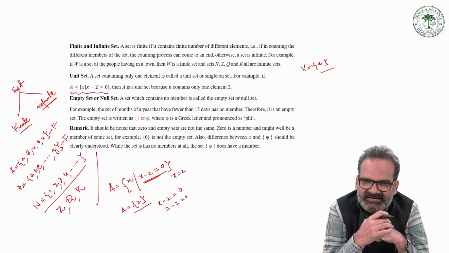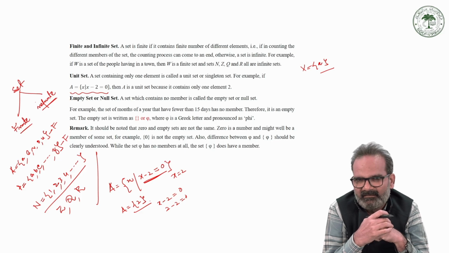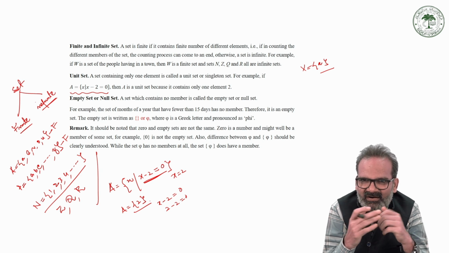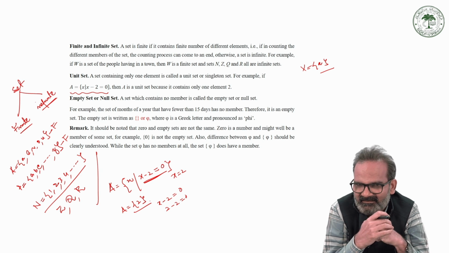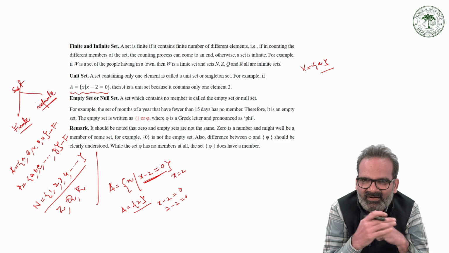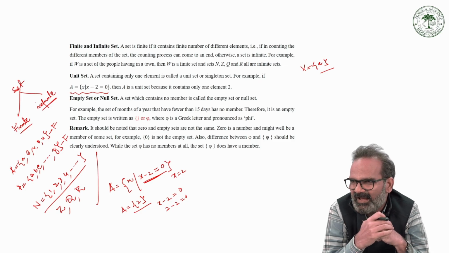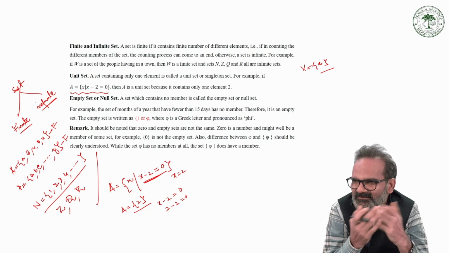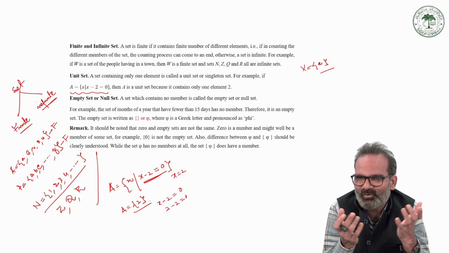Second thing is the empty set or null set. A set which contains no member is called the empty set or null set. For example, the set of months of a year that have fewer than 15 days. Are you getting the example? Do you have any month in a year which contains less than 15 days? No. We don't get any month.